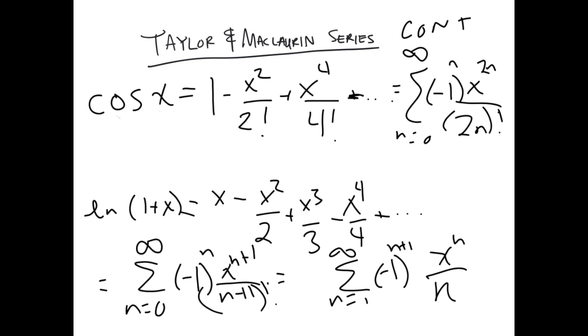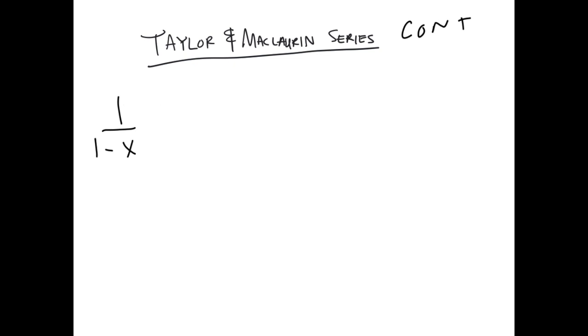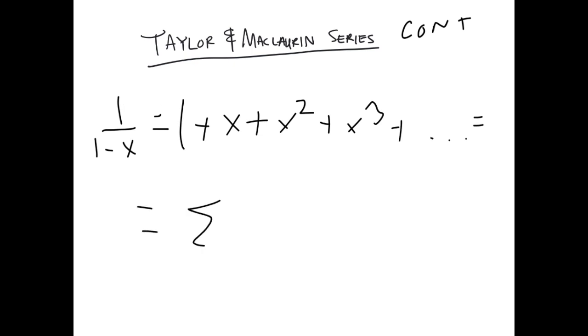All right, let's look at the last Taylor series. This last Taylor series is probably the nicest as far as straightforward things go. It would help if I was writing. I have 1 plus x plus x squared plus x cubed plus all the things, which, hey, that simplifies really easily.